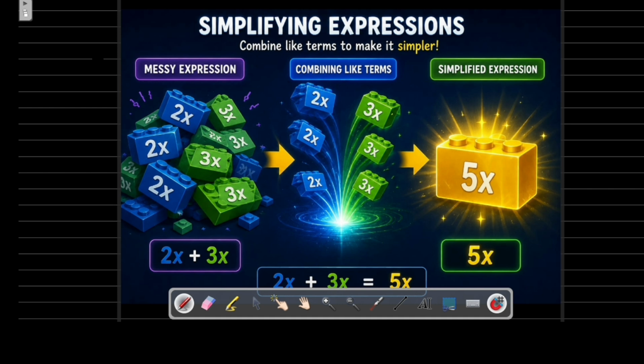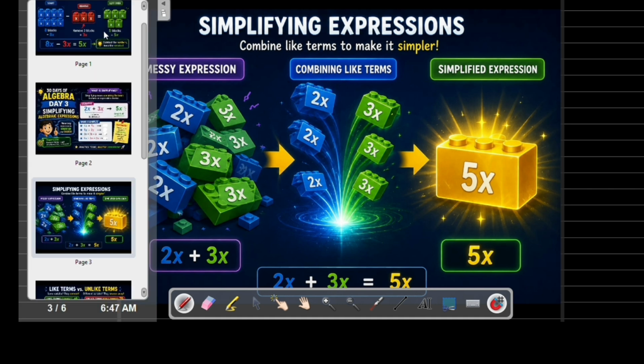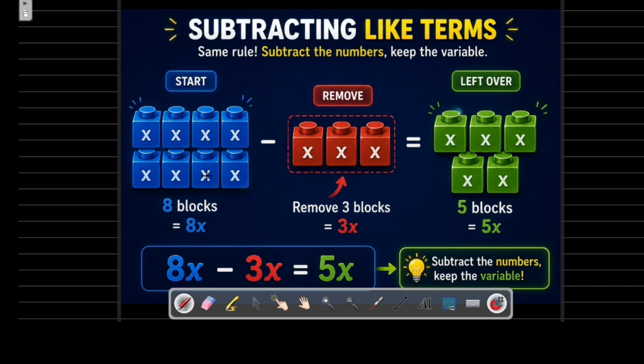If I show you this by picture, this is the concept of adding two or more terms. Here we have two like terms. First one is 8x and second one is 3x, and we are actually going to subtract, but the concept of addition will be the same.